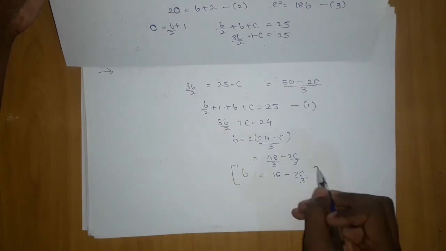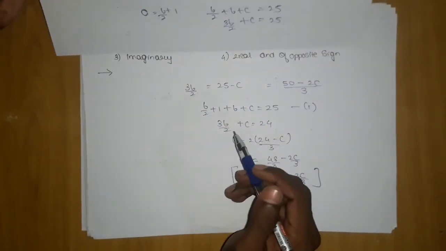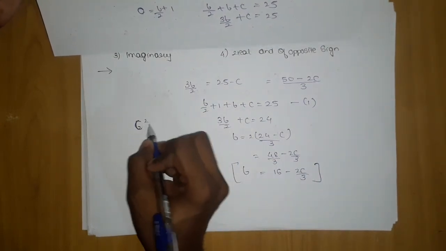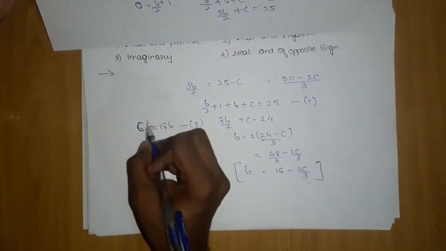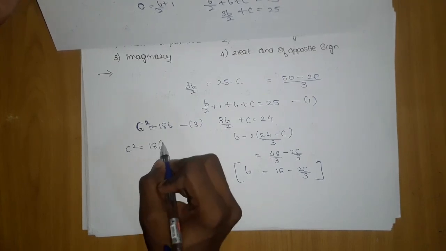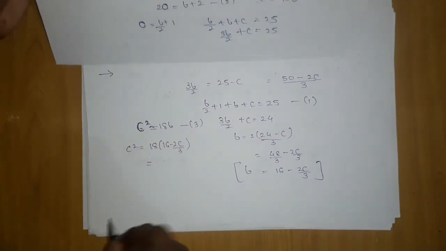So I got my b value. Can I substitute my b value in this equation? The equation c square is equal to 18b from 3. So I will substitute here. This gives me c square is equal to 18 into (16 minus 2c by 3), which will give me 16 into 18.